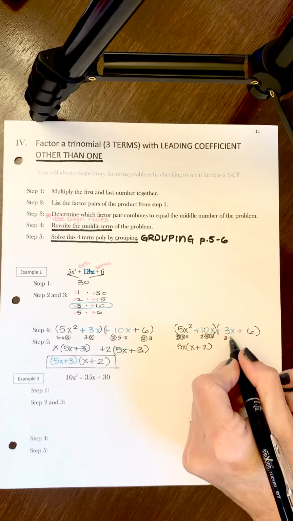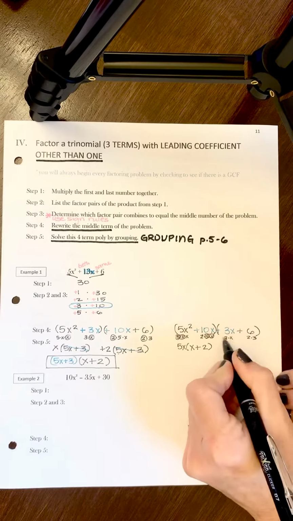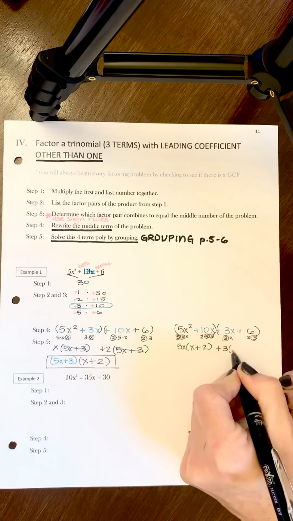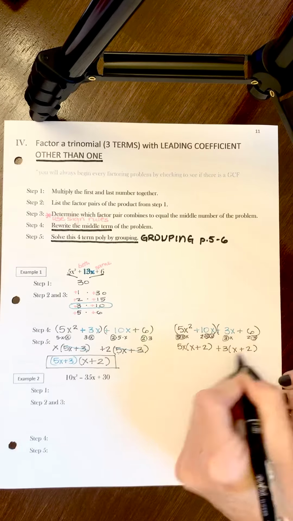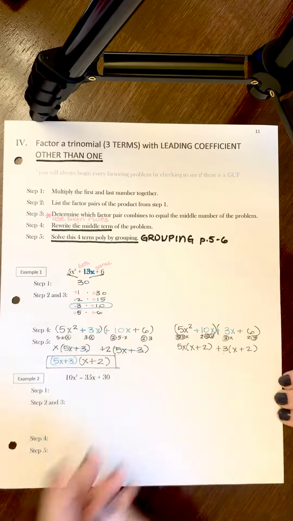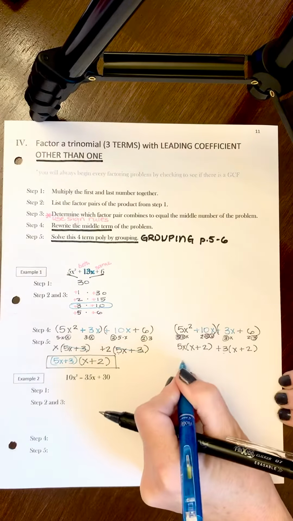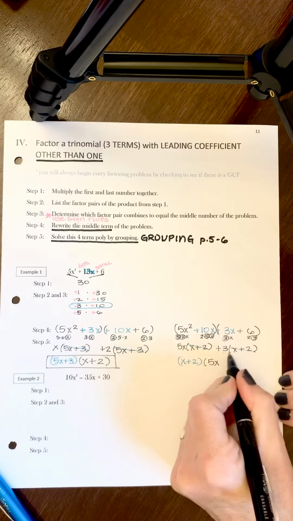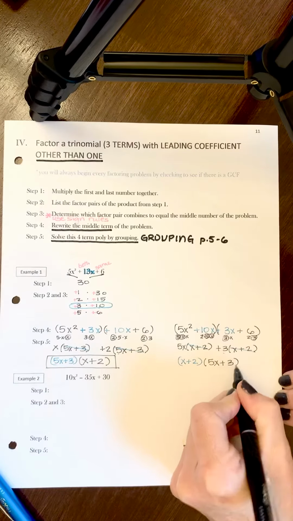These two have a 3 in common, so I'm taking out a positive 3, and I'll be left with an x plus 2. So now when I look at my two groups, the binomial they have in common is an x plus 2. So I factor out the binomial x plus 2, and I'm left with a 5x and a 3.